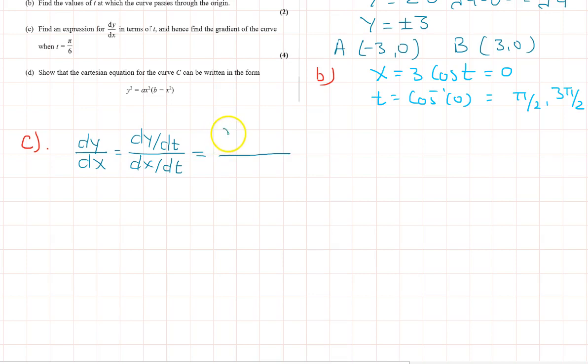That is 9 sin 2t differentiated is cos 2t multiplied by 2. Dx over dt, x is 3 cos t, so it is 3 times minus sin t.